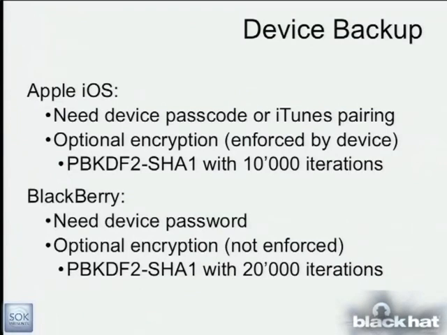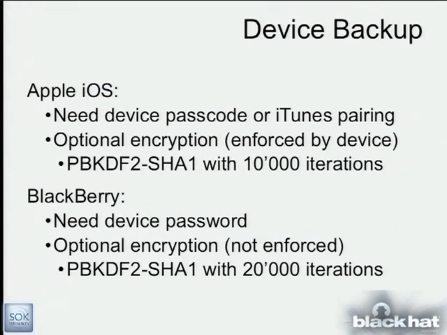And this is the reason why both platforms have some protections to guard your backups. On Apple iOS, first of all, to be able to create a backup, you need your phone to be unlocked. This can be done either by entering a passcode on the phone, or if your phone is already paired with the computer on which you're trying to create a backup.